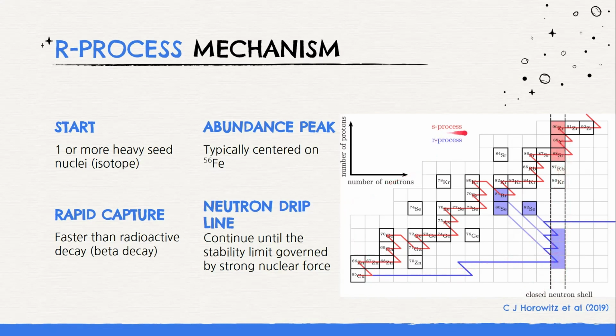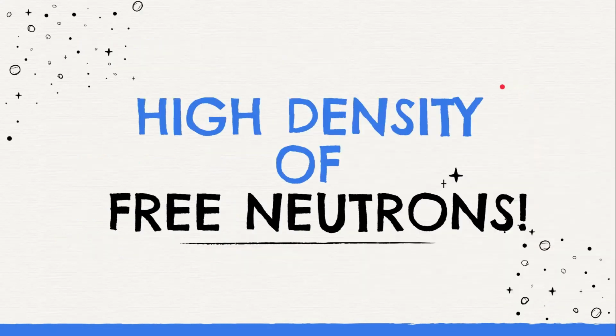But for the S process, the neutron capture rate is slower in comparison to the beta decay rate, so whenever it captures some neutrons, the rates are comparable. So it has some beta decay, then neutron capture, and beta decay again. The gist is that there should be a high density of free neutrons for the R process to occur.